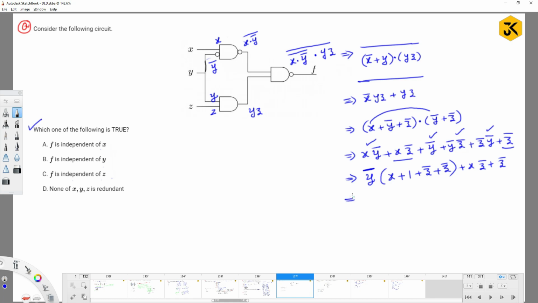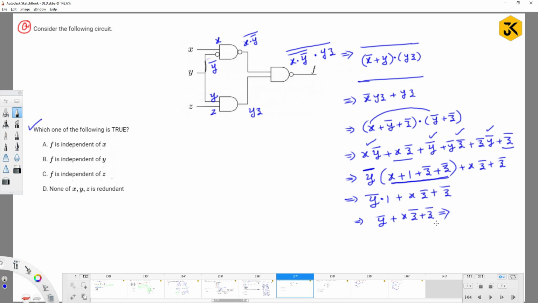Now you can understand that according to the Boolean theorem, 1 plus any value is 1. So y bar into 1, plus x into z bar plus z bar. So you are going to get y bar plus x z bar plus z bar.